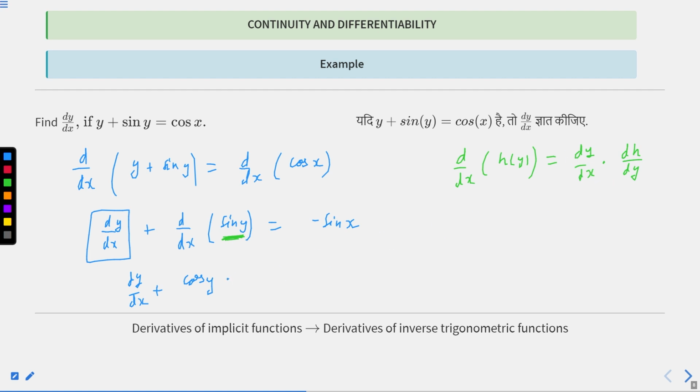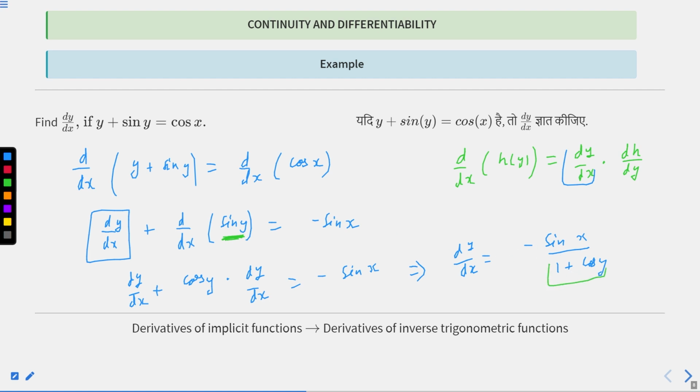Now you can take dy over dx common, and let me simplify it for you: dy/dx equals minus sin x divided by 1 plus cos y. You will get your answer as this, and obviously we are talking about when the denominator is non-zero.